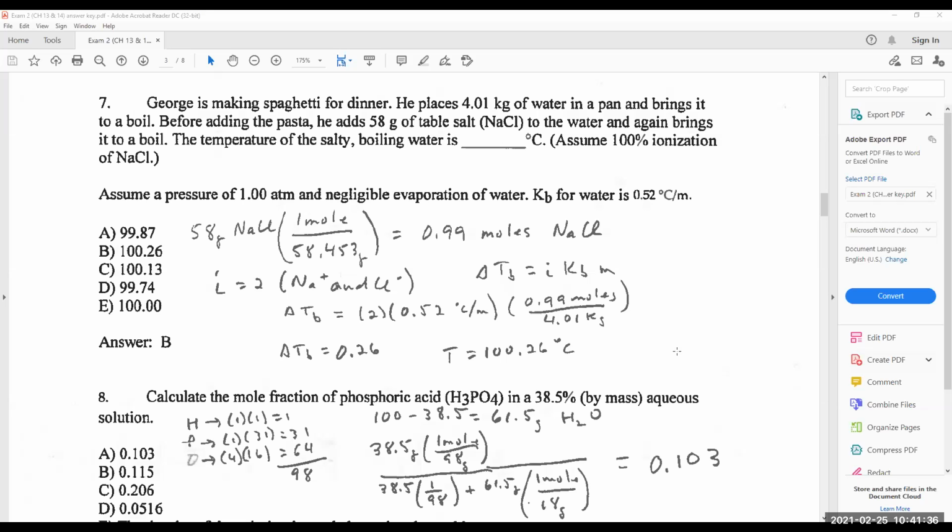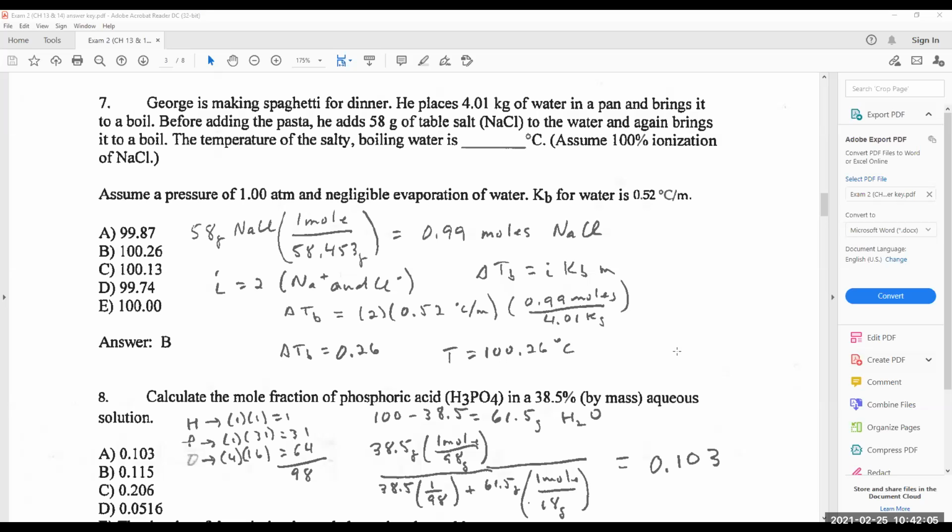100.13? Remember, we have a formula, delta TB equals i times Kb times molality, to tell us what that difference is with the colligative properties. And so then it was a matter of remembering what those variables were and getting things in the right units. So molality, of course, is moles per kilogram of solvent.